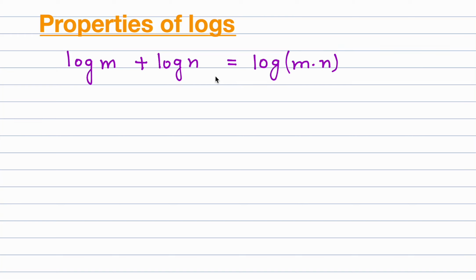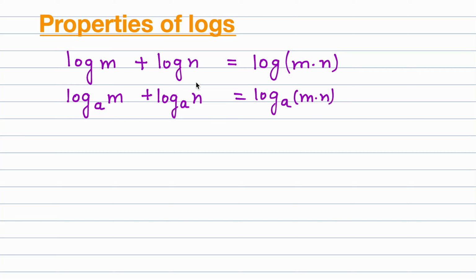Now in this property, I have not written any base, but it's true if the base is the same. For example, if there is some base a, then that base should be with every log. Log of a of m plus log of a of n is equal to log of a of m times n. So if there is no base, that's okay.